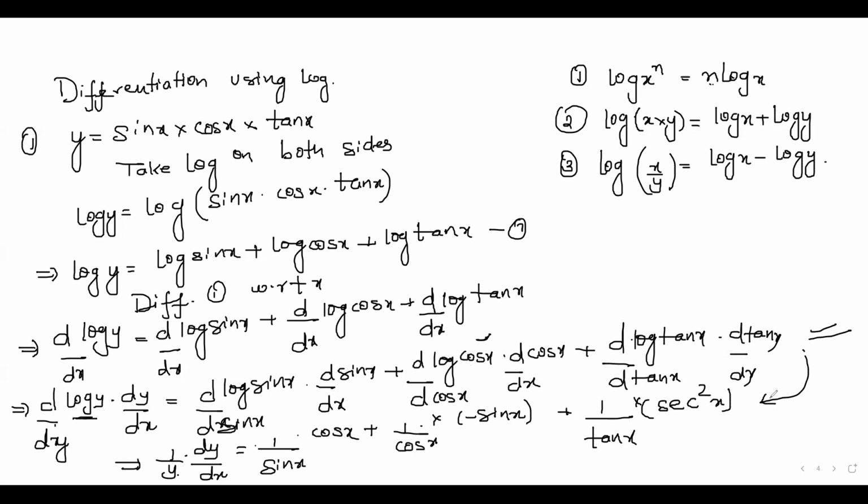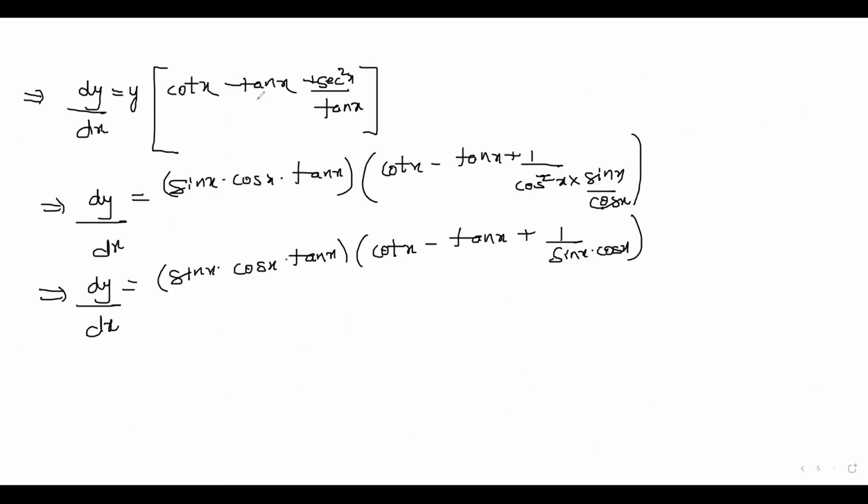After that, can you explain? Okay. So what we have done here, you have a y, so we have just shifted that y to the right side. And what is cos by sine? Cot. And what is sine by cos? Tan. So I've just shifted this y to the right side, and I've written here cot, tan, and here we have sec square by tan.